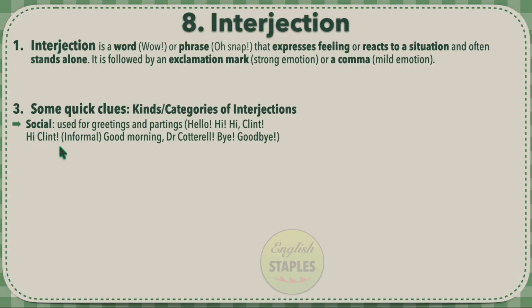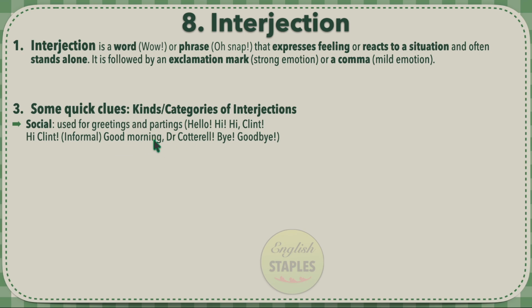In this case, the man's name is Clint, right? Hi, Clint. It's informal. You see this a lot in text messages to your family, to your friends. Formally, you would put a comma and then the person's name. For example, like this: good morning, Dr. Cottrell.